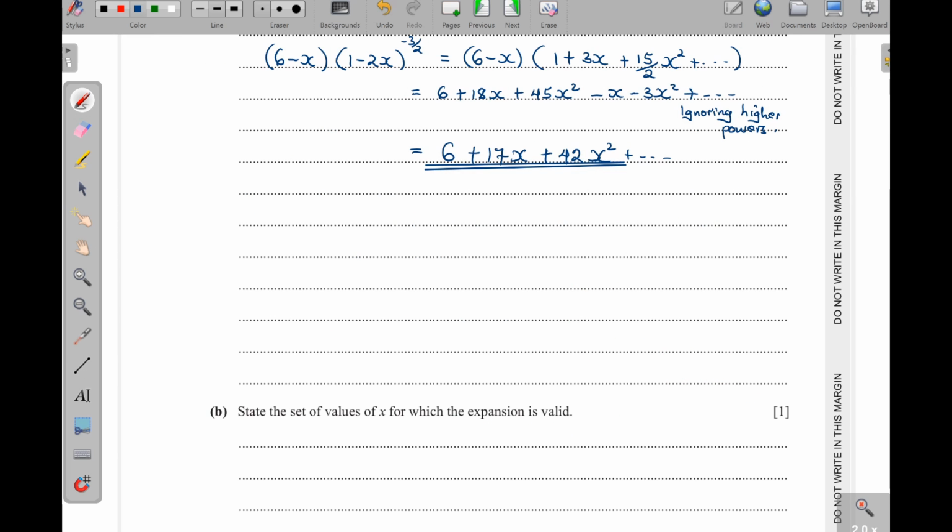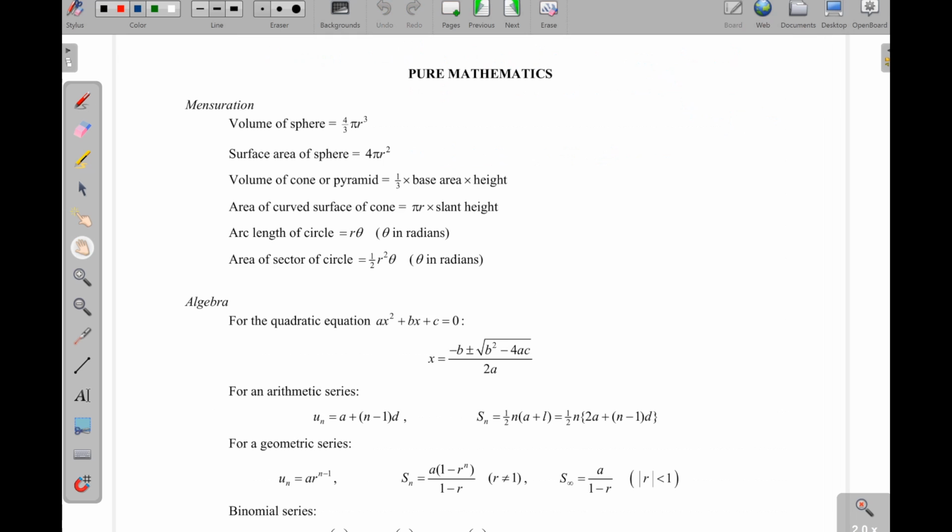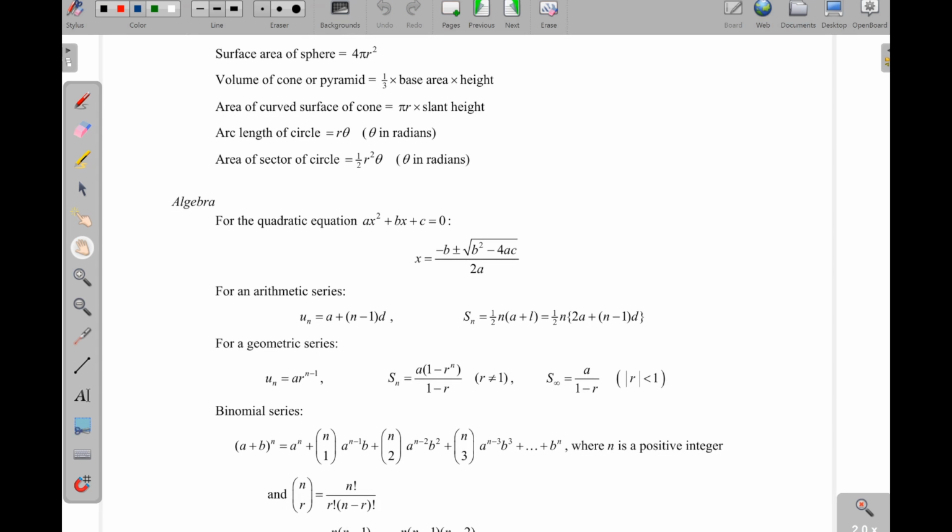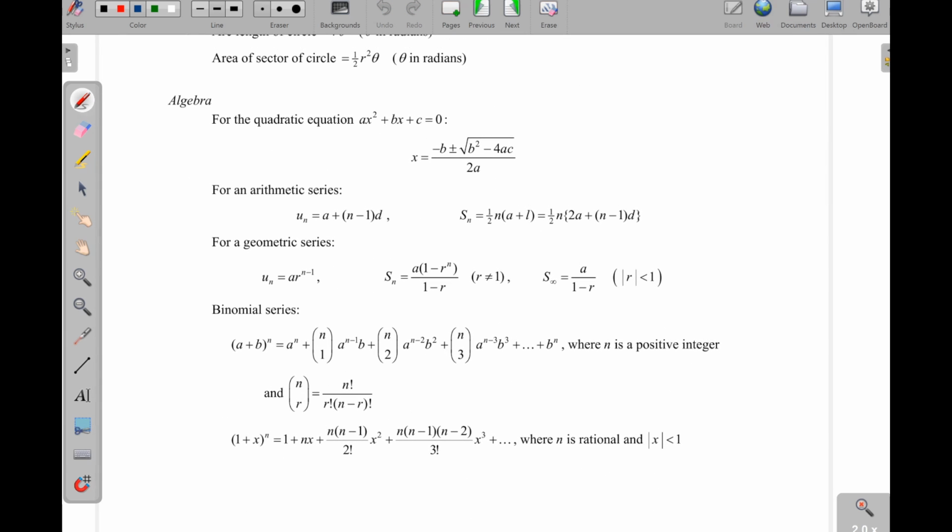Then part B, set the values of x for which the expansion is valid. When you check in the list of formulae, where there is pure mathematics, you can see this expansion here. We have a 1 here, then an x here, then the validity here is the modulus of x, which is less than 1, okay?